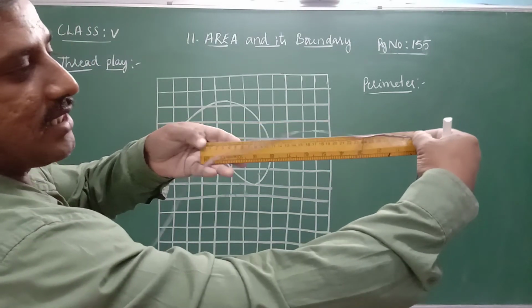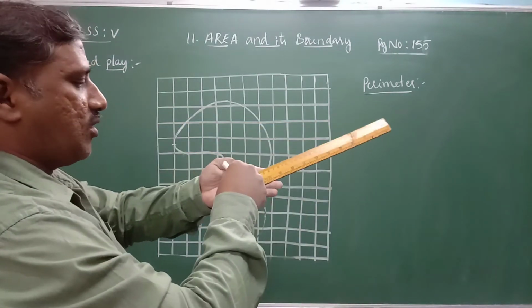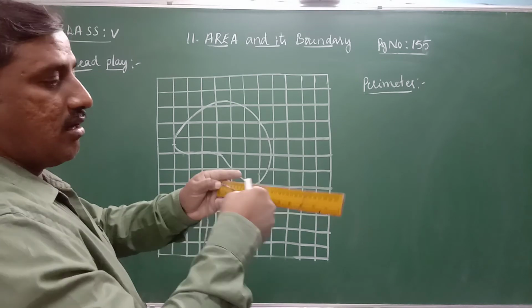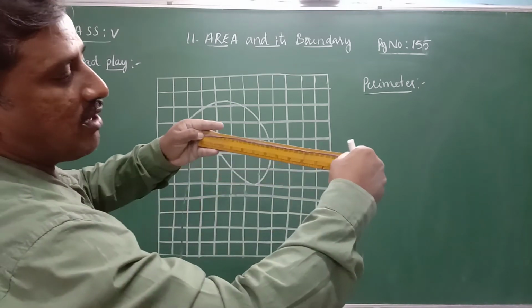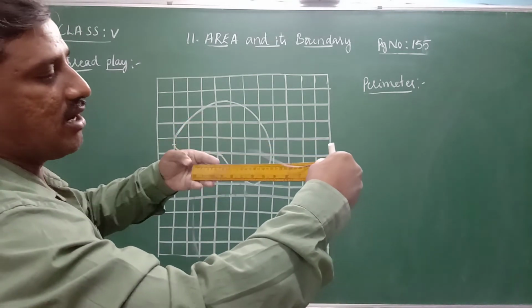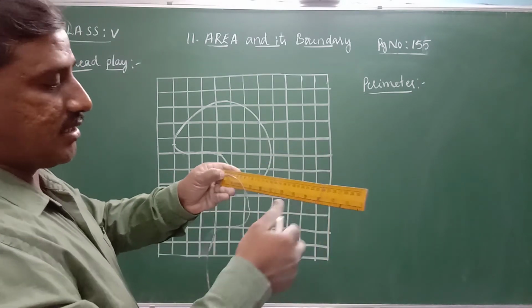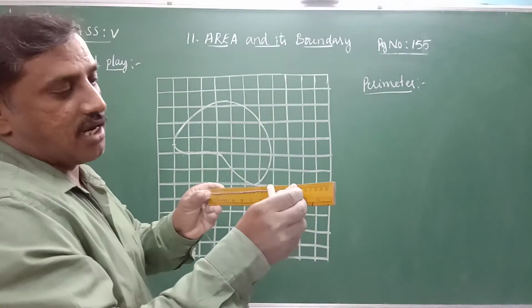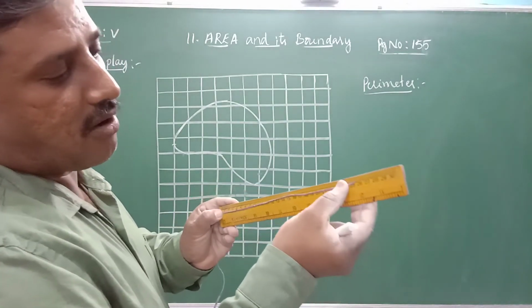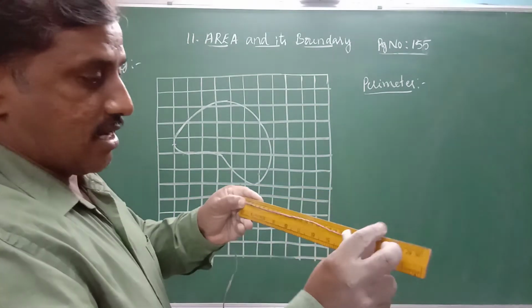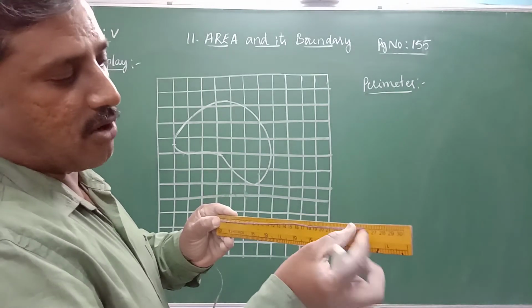One more 30 centimeters. Then without changing that point, measure the next, again we got one more. So 30 centimeters three times we got. Then you keep this here and measure this. Now how much did we get? You see here, approximately it is 26 centimeters. So I am taking an approximate value.